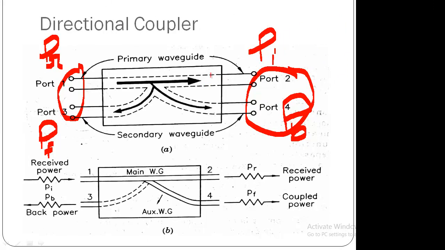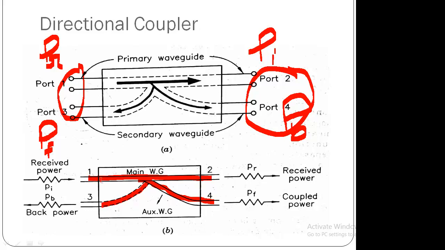This is the diagram of the directional coupler, and this is the signal diagram of a directional coupler, how the signal is being transmitted. So as we have discussed earlier, the power traveling from the port number 1 to port number 2 is coupled to the port number 4 via a coupling hole, right? And through this particular coupling hole, a small amount of power will come out at port number 3.